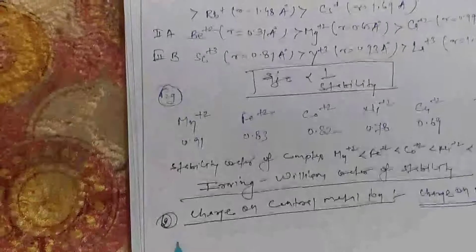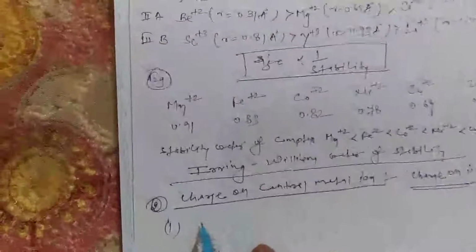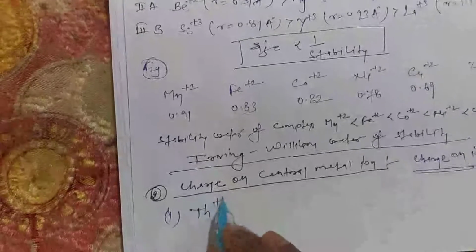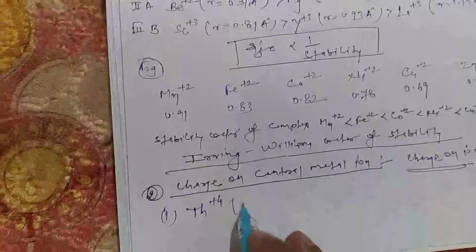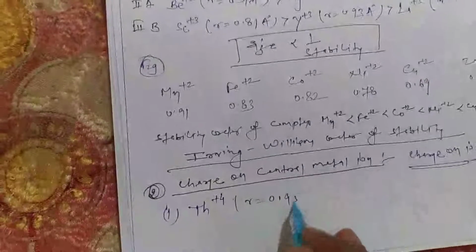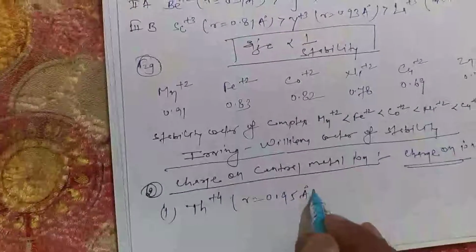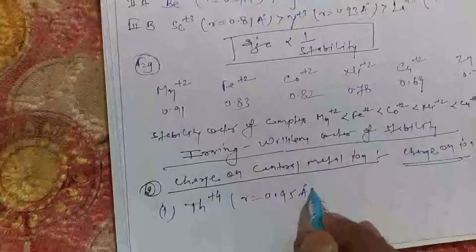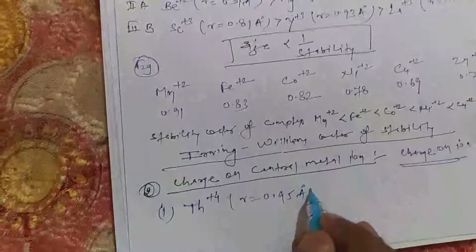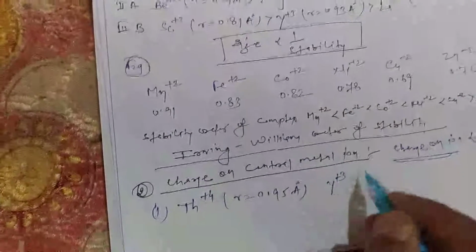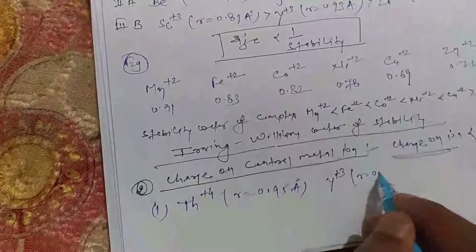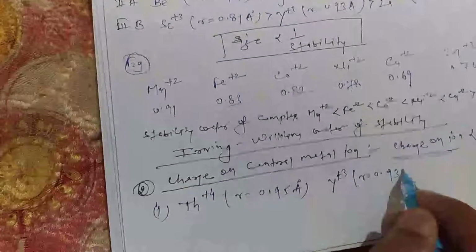So let's take an example. If I have Th plus 4, thorium, the size of course will be 0.95 as per the calculated value, then yttrium plus 3, r is 0.93.